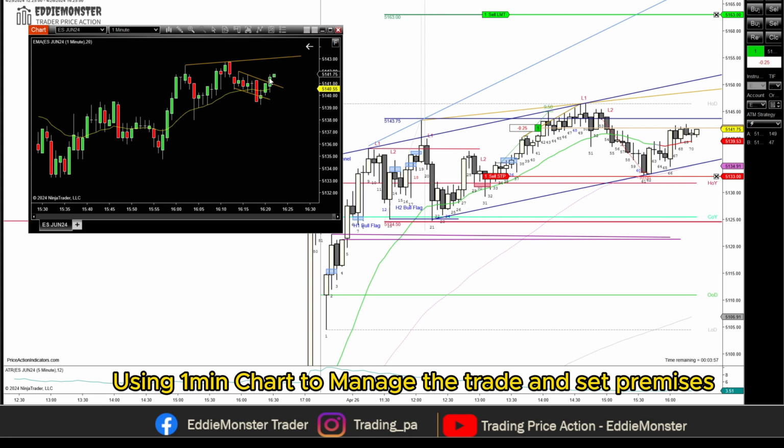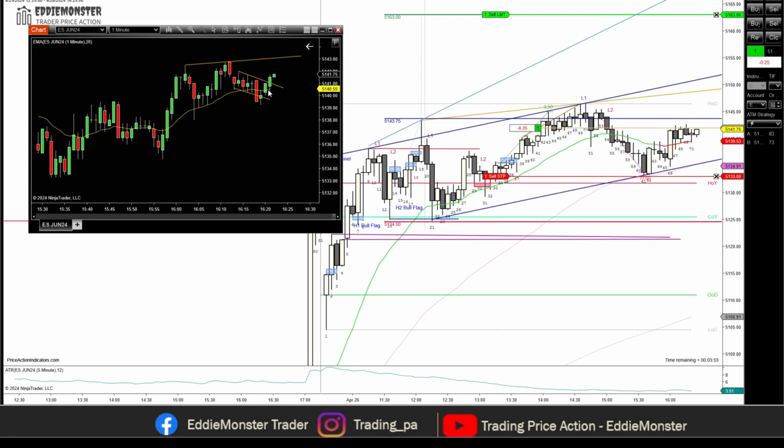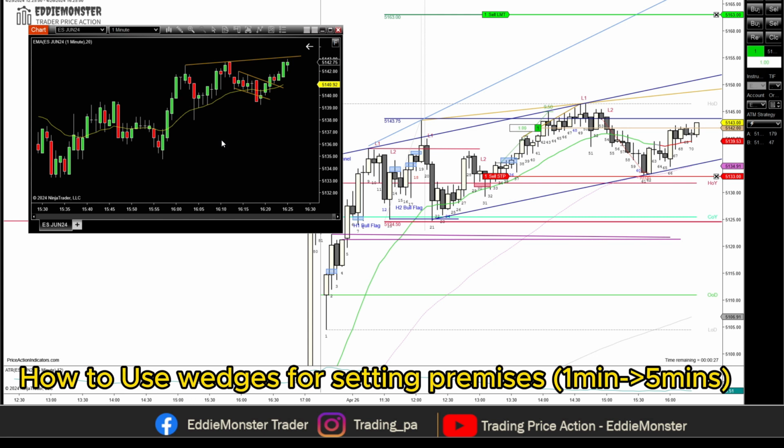See, this is a breakout of flag, so we have a good chance that this 71 will close bull. I was saying, I was short in L2 53.